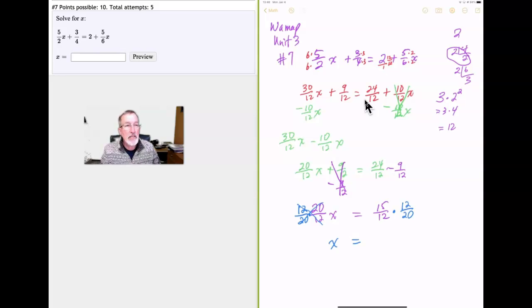If you need help with this step, let's meet. We can do a Zoom room, or you can search the terms at Khan Academy, like reciprocals or fractions. And let's multiply this side. If we take a 5 out of here, we get 3, and a 5 out of here, we get 4. And we can take a 12 out of there and get 1, and a 12 out of here.